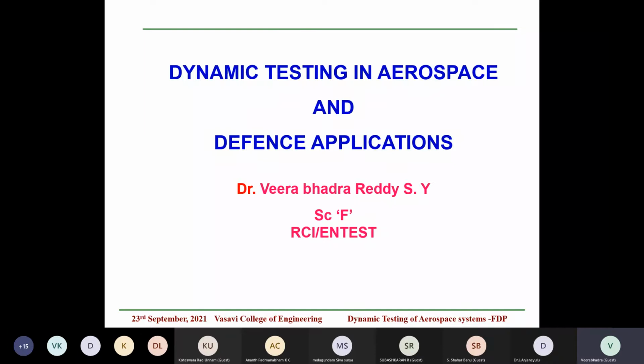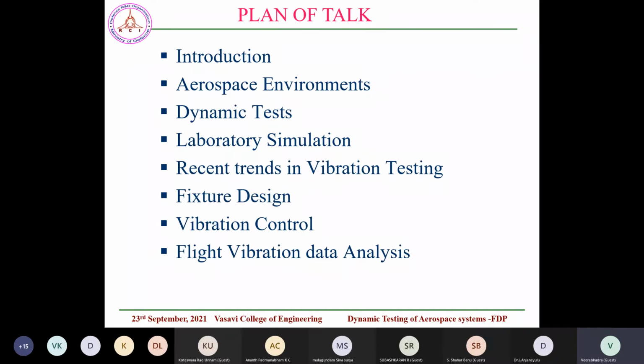So my plan of talk is planned like this, sir. I will be giving a brief introduction on different environments that aerospace and defense systems will be experiencing, and I will be focusing mainly on these aerospace and defense environments, and in particular with respect to dynamic environments. So I'll be briefly describing what are the dynamic tests and how to simulate them in the laboratory, and what are the elements required to simulate them, and a brief of those elements or test equipments required to simulate these tests.